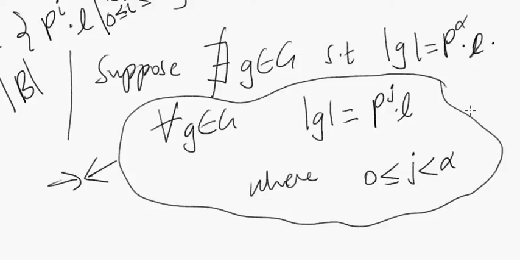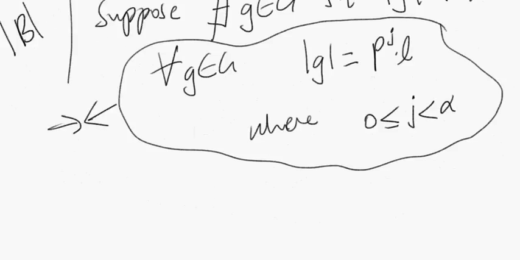So what to contradict? Well, one way to proceed here is to just follow the consequences. Suppose that for all g in G, the order of g equals p to the j times L, and j is always less than alpha. Well, what does that mean?